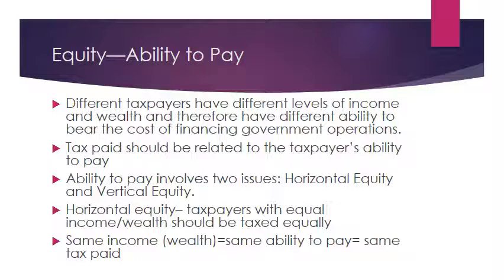Because if two people are earning the same but one is paying more in taxes to fund government activities whereas the other is not paying as much, this undermines the fairness of our tax system.